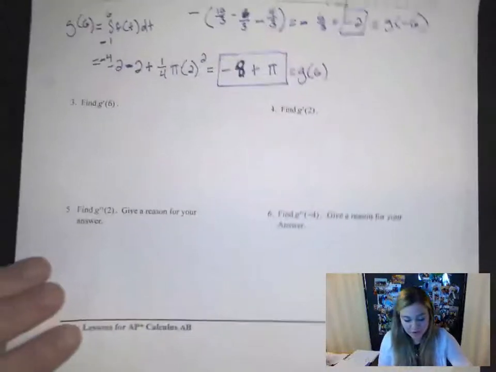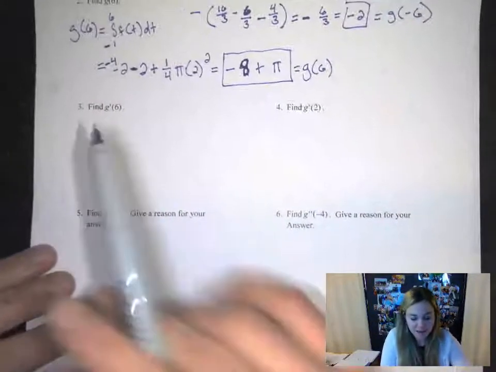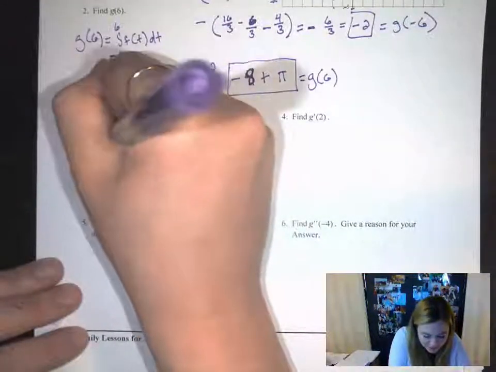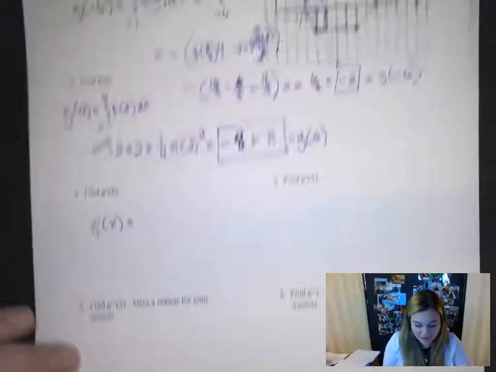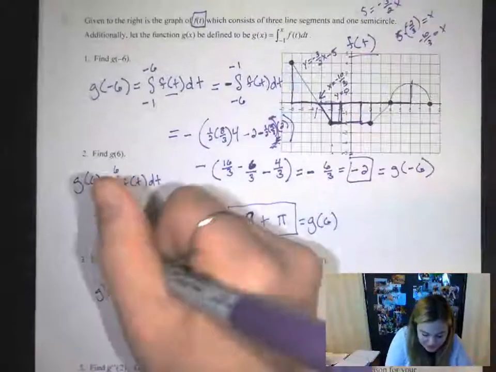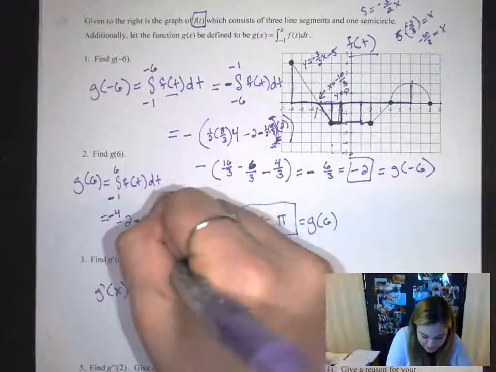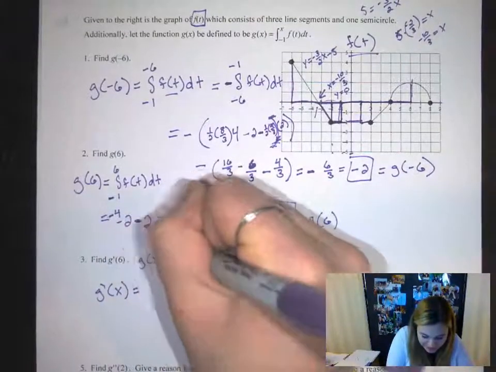Okay, couple more. This one says g prime of 6. Don't find g prime of 6 until you find what g prime of x is. Remember g of x is given by this integral, -1 to x.